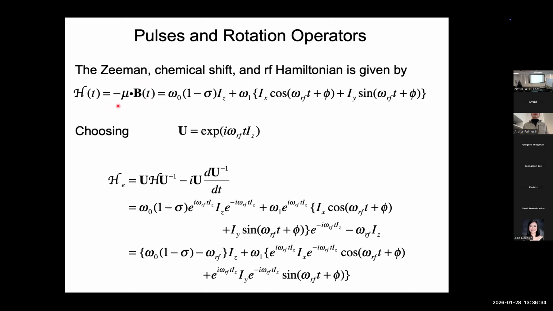And the recipe in quantum mechanics says that we go from the classical expression for energy to the quantum mechanical Hamiltonian by replacing everything with their corresponding operators.